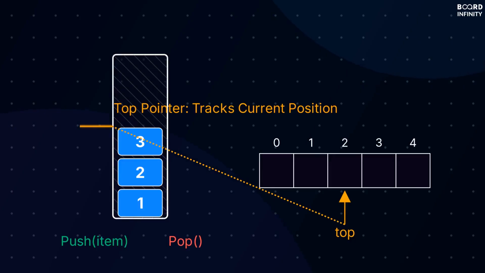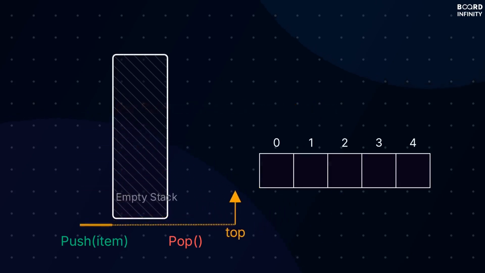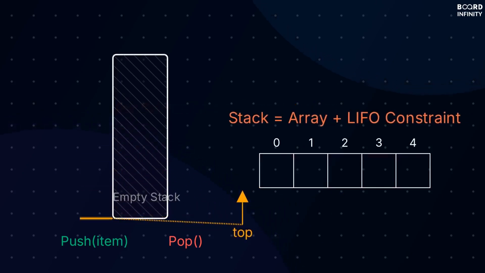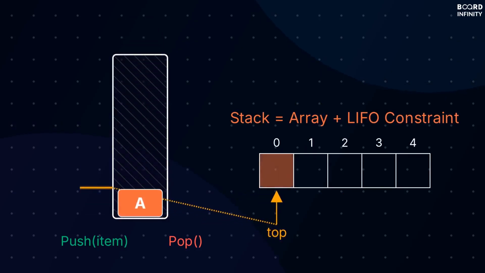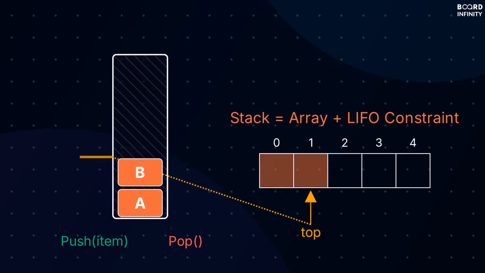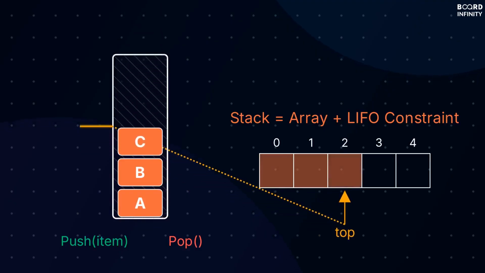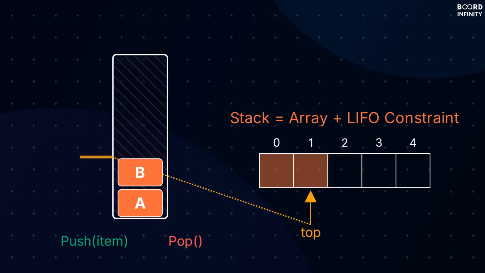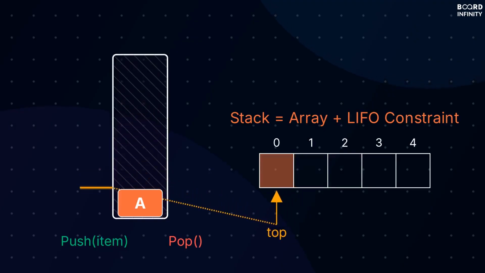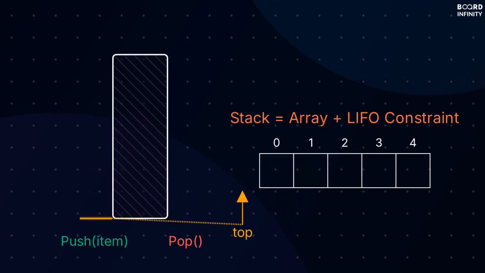Ultimately, a stack can be understood as an array with a specific last-in, first-out constraint. The top pointer, or index, dictates where new items are added, and from where items are removed, strictly adhering to this LIFO principle. This combination of an array's contiguous memory and the LIFO rule defines the stack data structure.